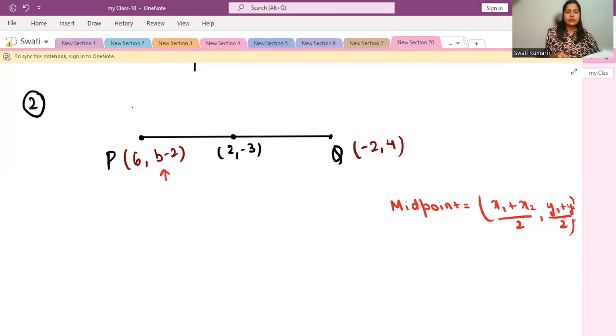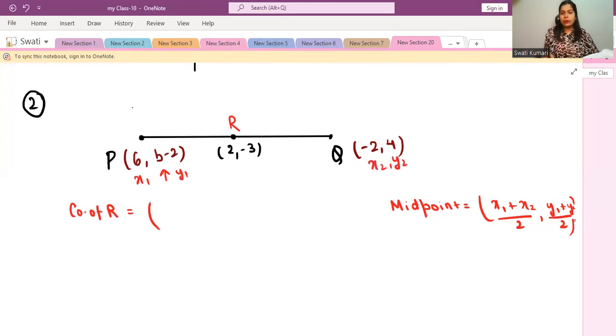So you can write down here the formula directly. Let us consider this midpoint as R. So the coordinate of R we can find by using this formula. Here this is x1, this is y1, this is x2, and this is y2.